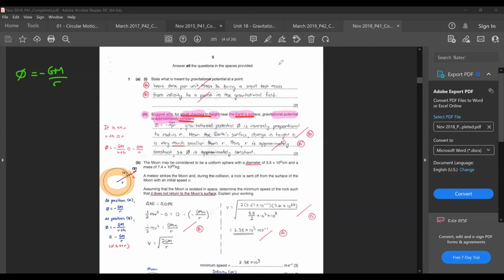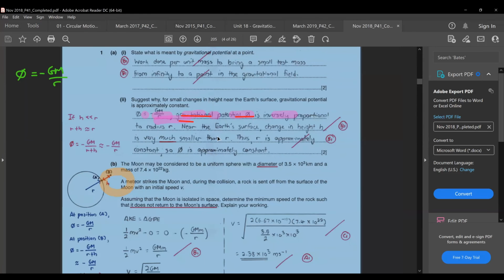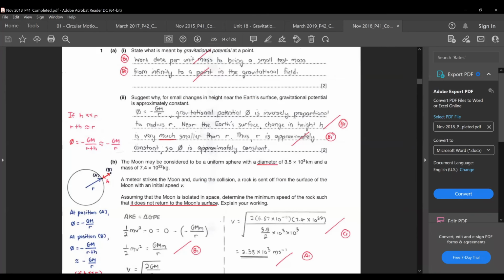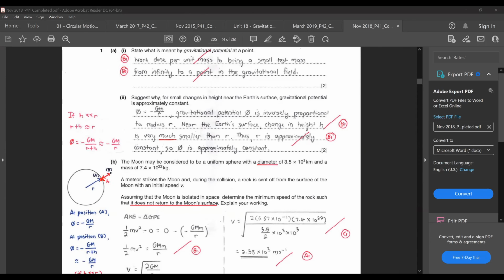If you're talking about the surface of the planet, let's assume that your center to center distance is going to be R, between the center of your planet and the surface that you're considering. So let's call this position A.